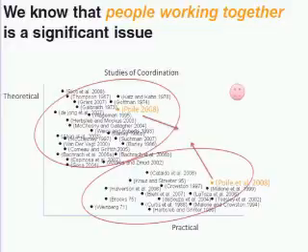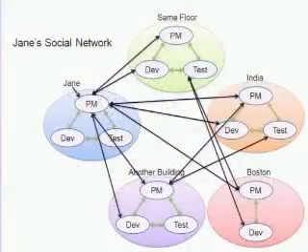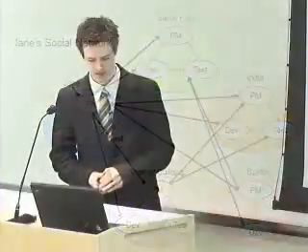So now that we know where this is situated, we have some questions to ask about Jane's situation. The basic question is, how does Jane get her work done?